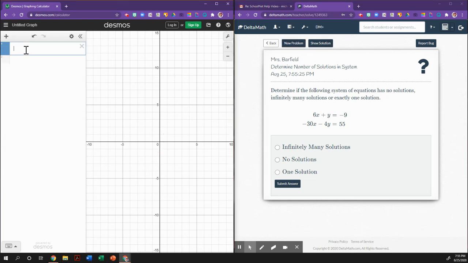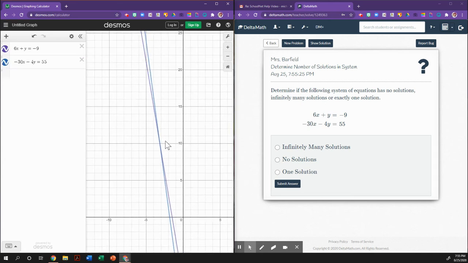All right, so 6x plus y equals -9, and then negative 30x minus 4y equals 55. Now this is the part where you can see where I'm not a huge fan of Desmos, because these lines are really, really close, but you can see they intersect at one point.